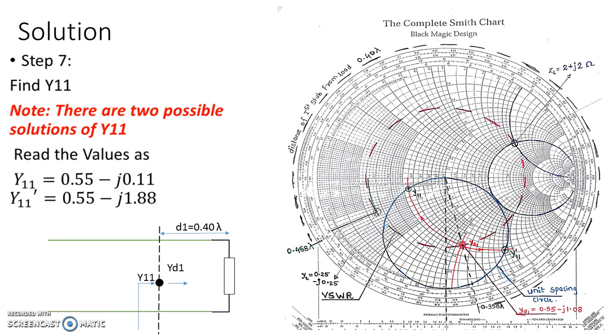Now let us go to the next step, which is step number 7. Here I want to find the value of Y11. Now we know that Y11 will be on the spacing circle. Why? Because the real part of Y22 has to be on the unit conductance circle, which demands that the real part of Y11 should also be on the unit circle.